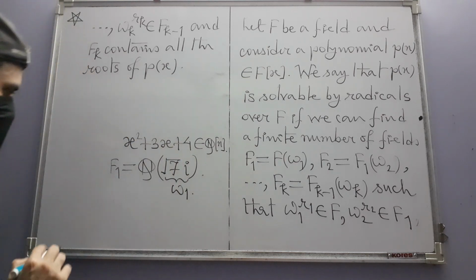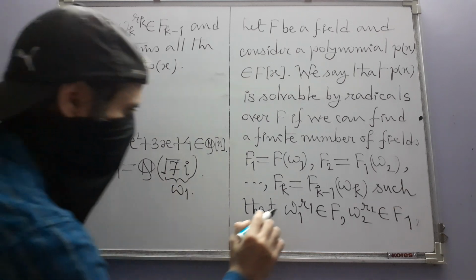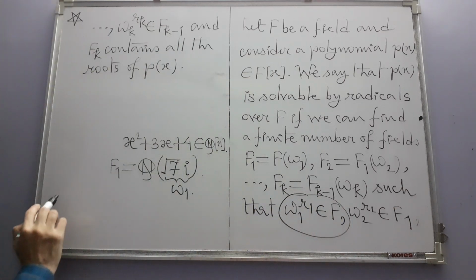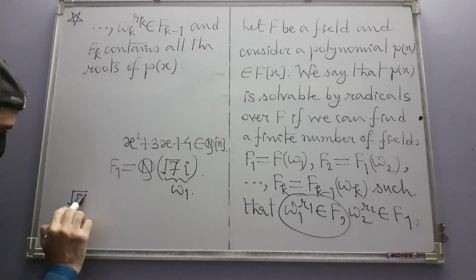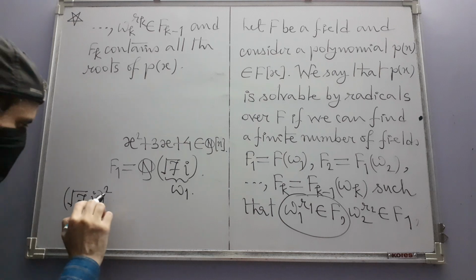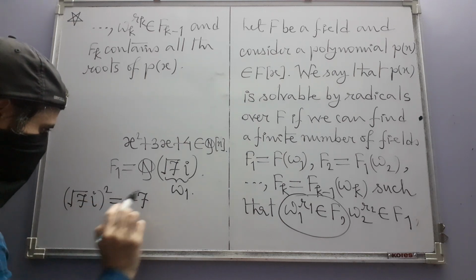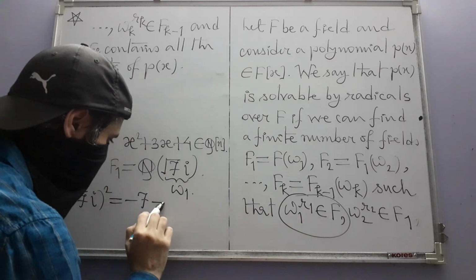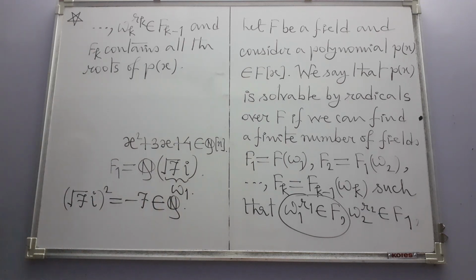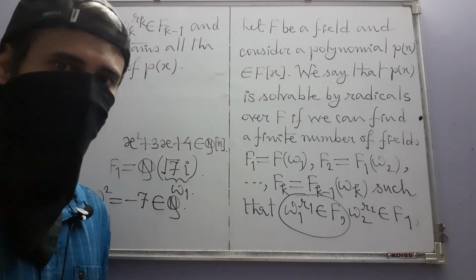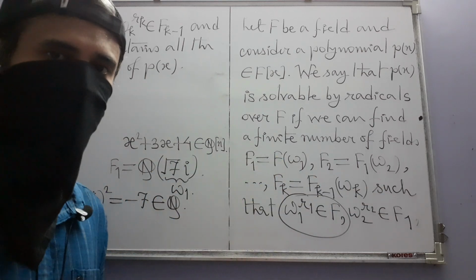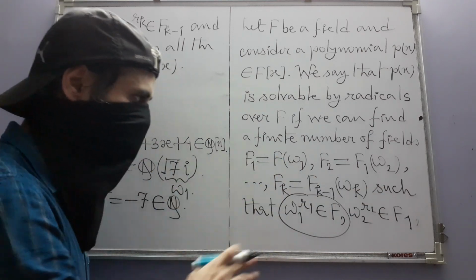That's because this field contains both the roots of our polynomial. One more thing, what about these powers? In this case, r1 is 2 because this is minus 7 and that belongs to the base field. For some other polynomial, you may have to do 2 steps or 3 steps, but it does not matter how many steps you need.